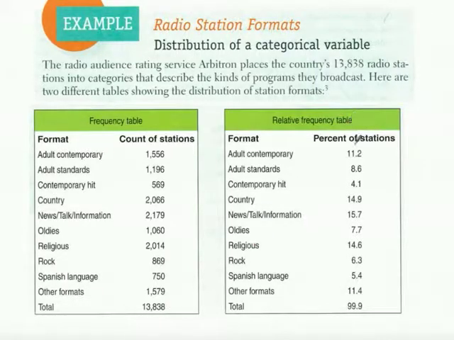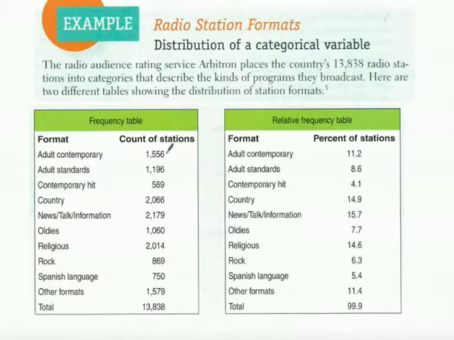A relative frequency table, though, looks a little bit different because this gives us the percent of the stations. And so basically what happens is, to get the adult contemporary, we see that we have 1,556 in the frequency table. In the relative frequency table, it shows us that accounts for 11.2% of the stations.